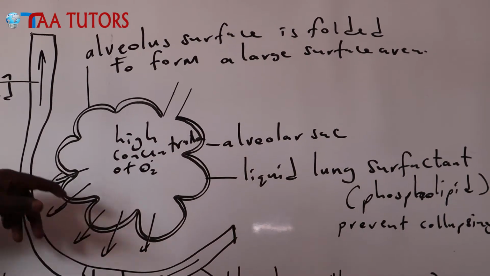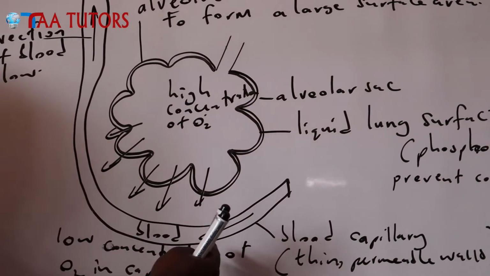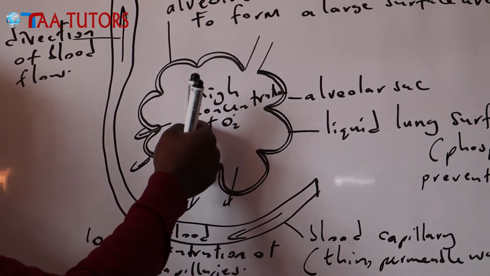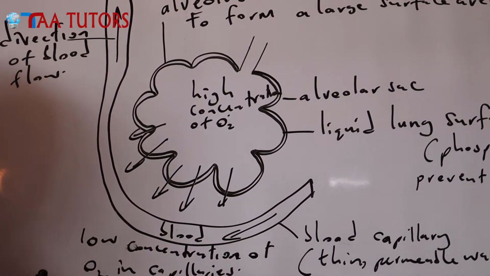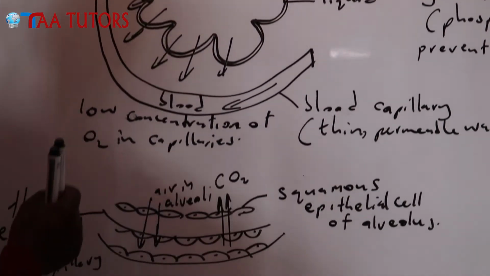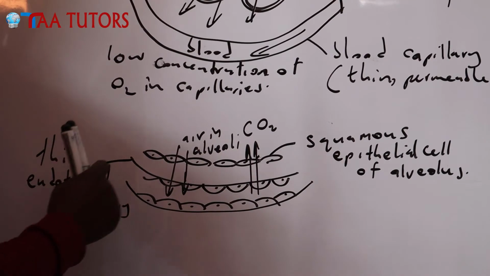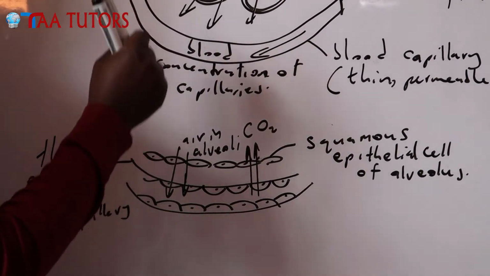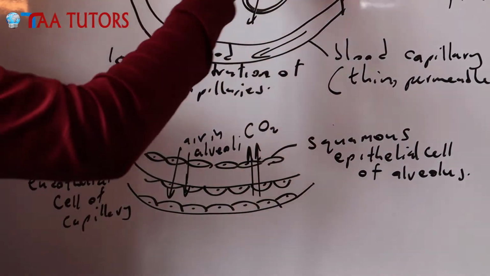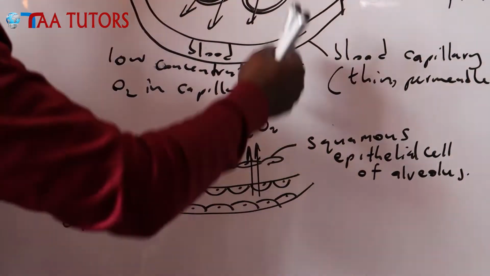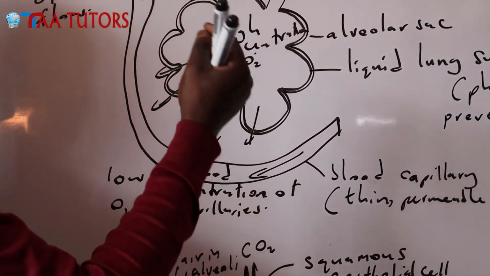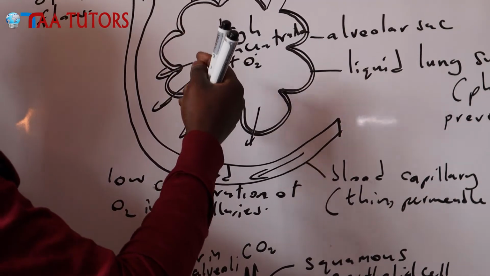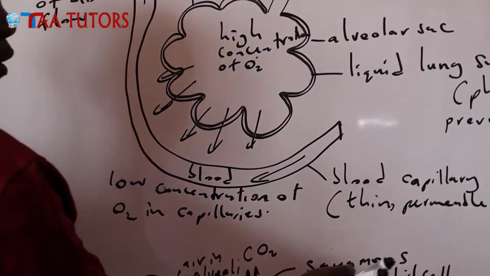Likewise, the blood capillary that is next to the alveolus also has a very thin endothelial wall, thin enough to make sure that the gas will diffuse quickly. So there are two membranes here. The membrane of the alveolus, which I have said is 1 cell thin, that is the epithelial cell.